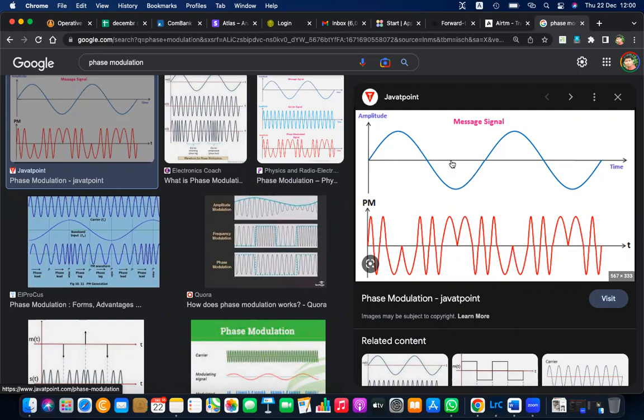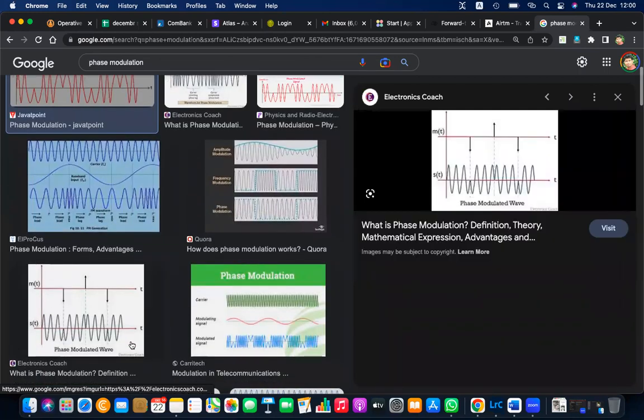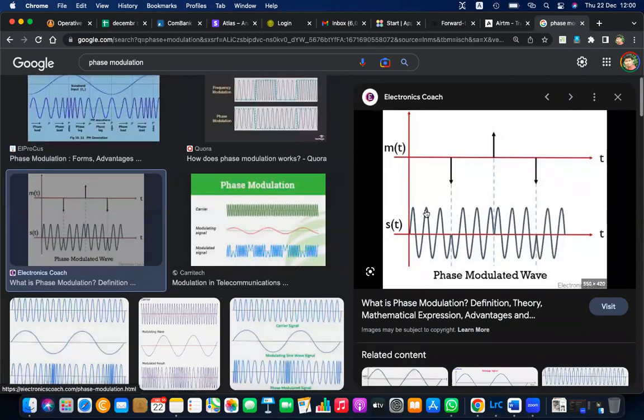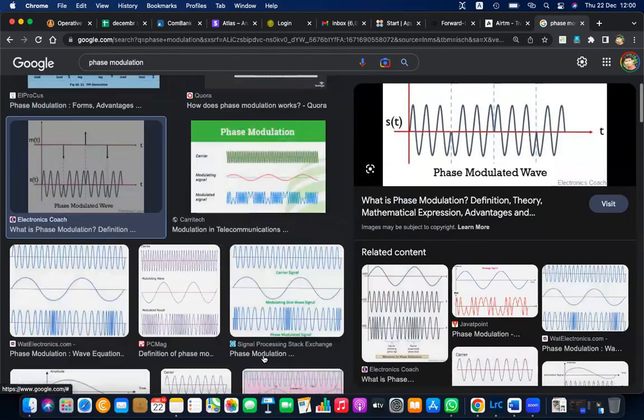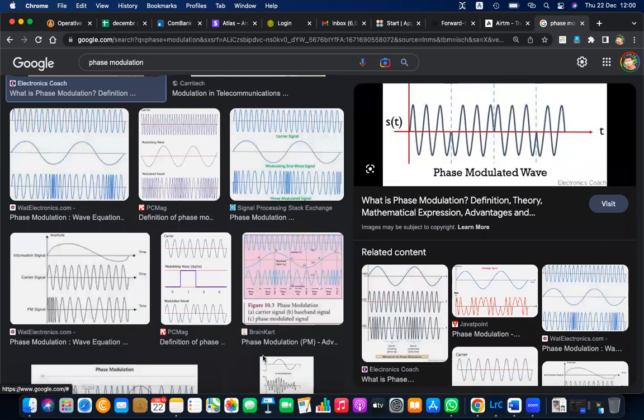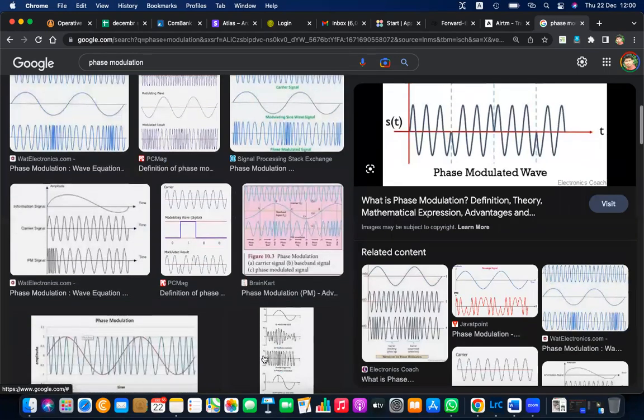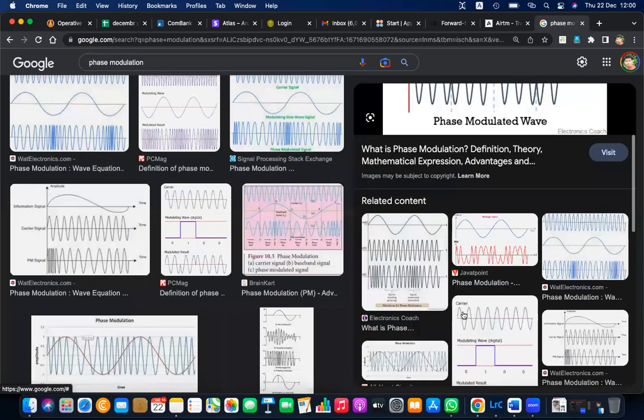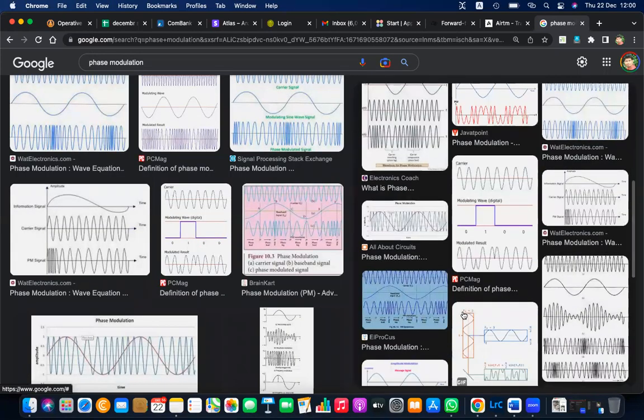Using this, you can regenerate the original data signal. That is what phase modulation is. The phase is changed, the direction is changed. This is something good, something you can understand, and it is self-explanatory. When you see the signal, it can be understood.